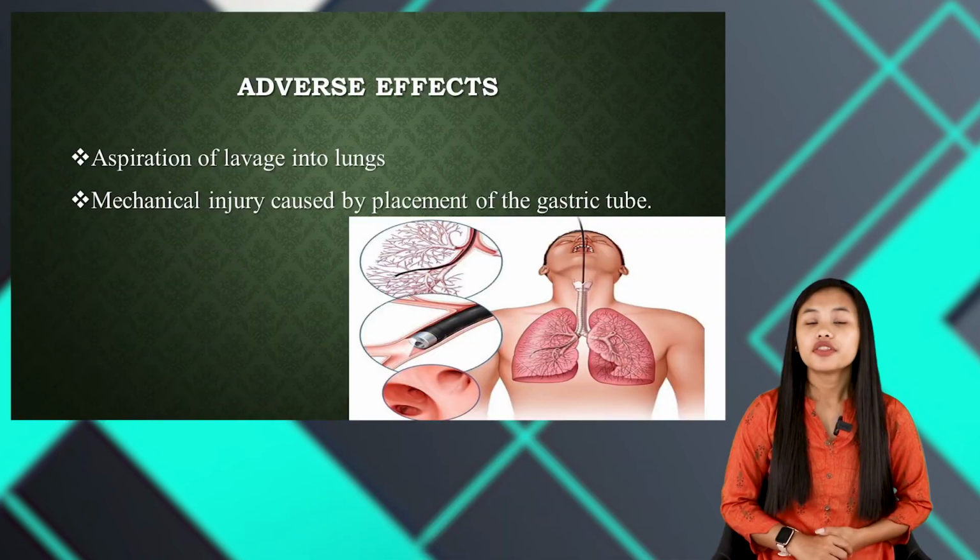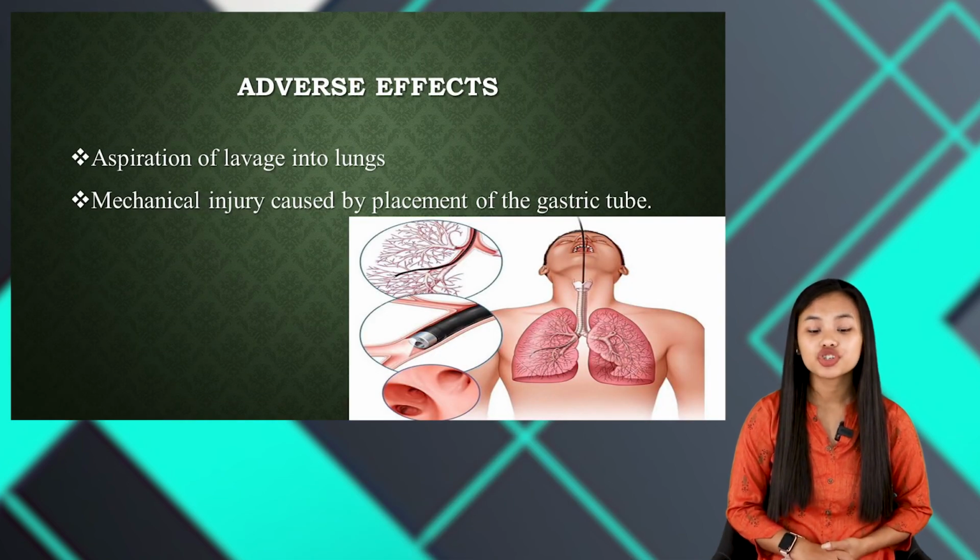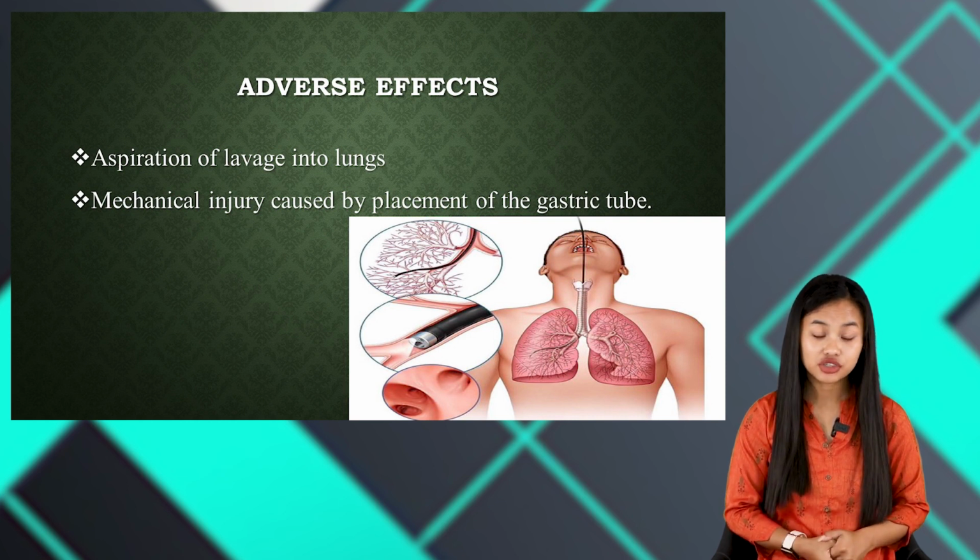Now let us move on to the adverse effects. As every procedure and every treatment has its adverse effects, even whenever you perform this gastric lavage on the patient, there are certain adverse effects that can occur. The first one is the aspiration of lavage into the lungs.